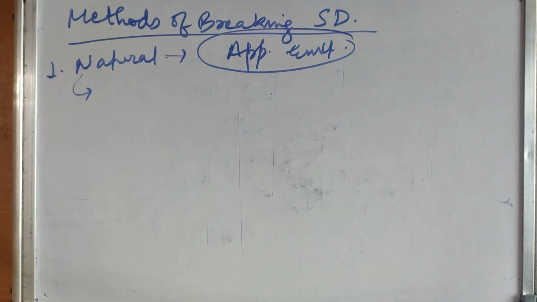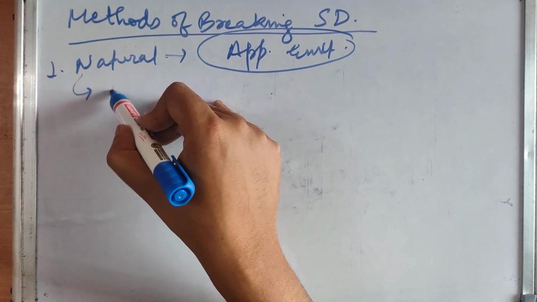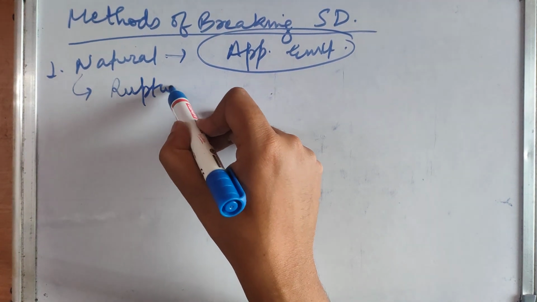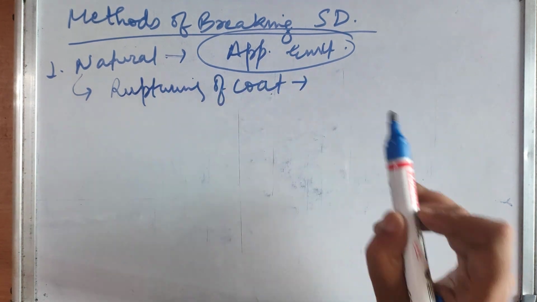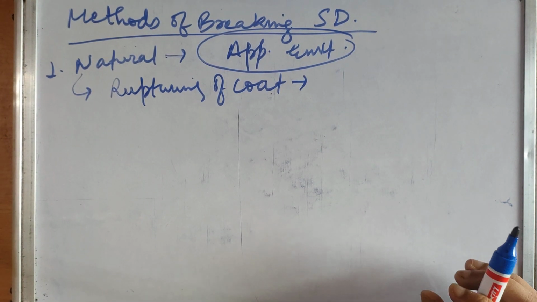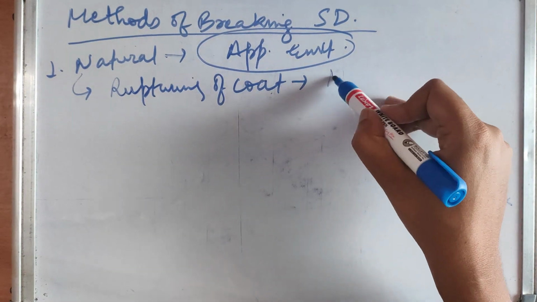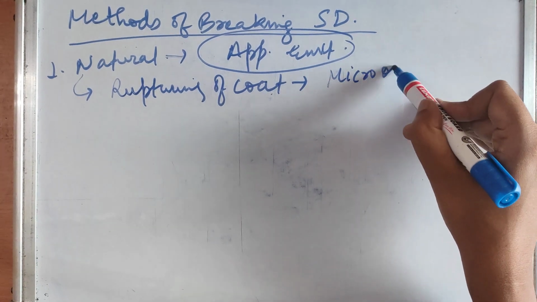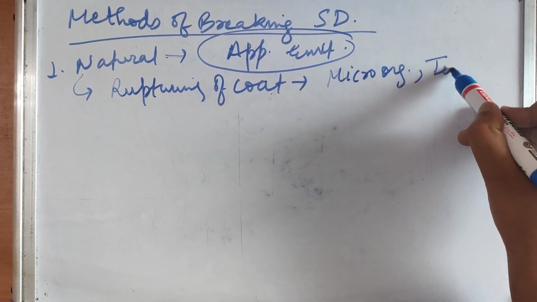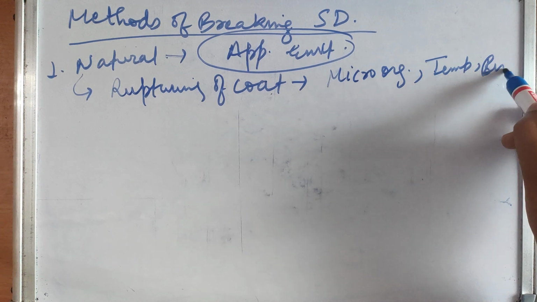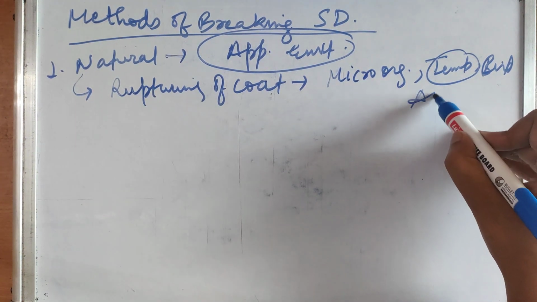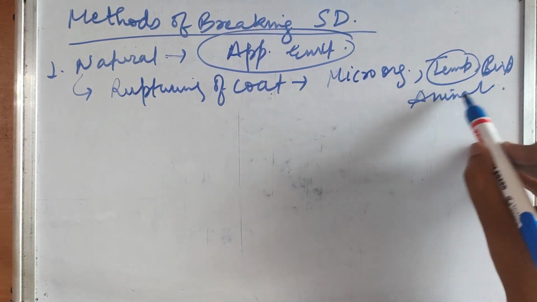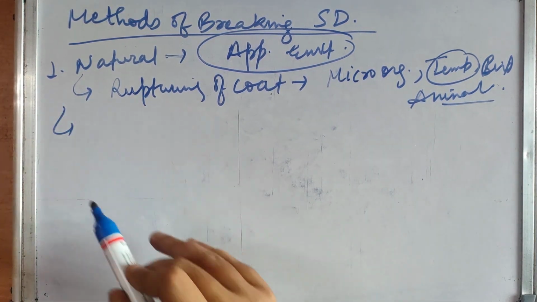So natural methods are rupturing of the coat due to microorganisms, which leads to movement of water and oxygen. It can be due to temperature, as with high and low temperature the seed coat sometimes breaks. Animals could be a reason. So these can lead to rupturing of the seed coat.